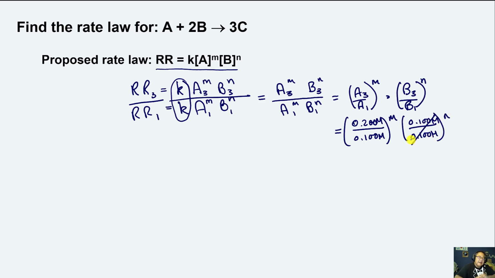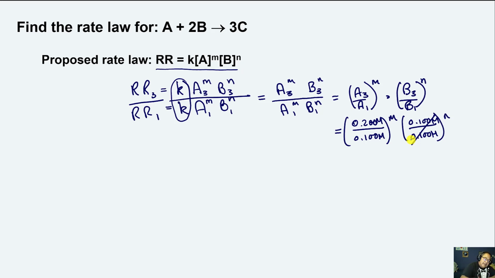And what happens? That cancels out. Now you have 1 to the n power, and you don't have to worry about solving for n at the same time you're solving for m because you made it constant. That's the reason why making one of those concentrations constant is useful: it drops out of this equation and then it's easier to solve.